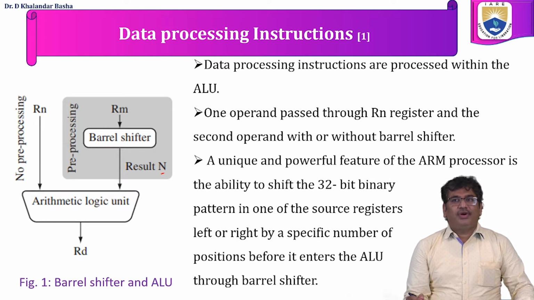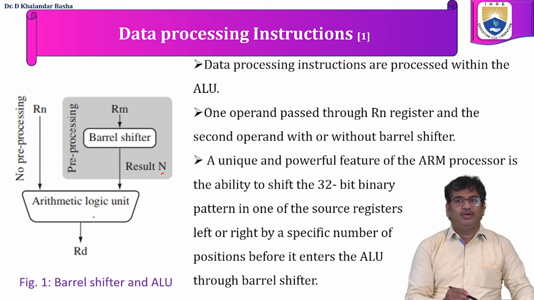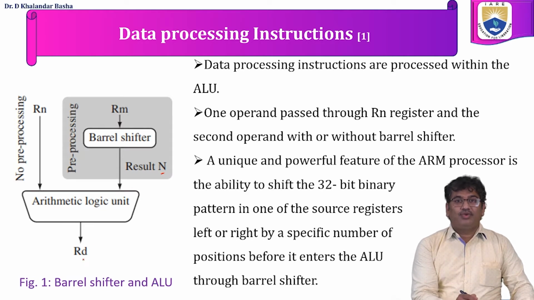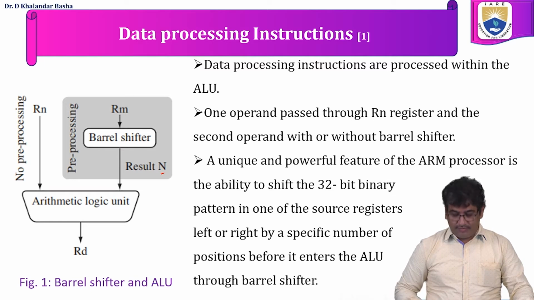A unique and powerful feature of the ARM processor is the ability to shift the 32-bit pattern in one of the source registers left or right by a specific number of positions before it enters into the ALU, which will be passed through the barrel shifter. So for the arithmetic instruction, one operand will be passed through Rn, the second operand will be passed through N, and the result is Rd for most of the instructions except the move instruction.